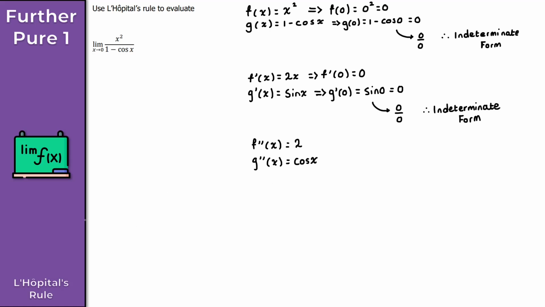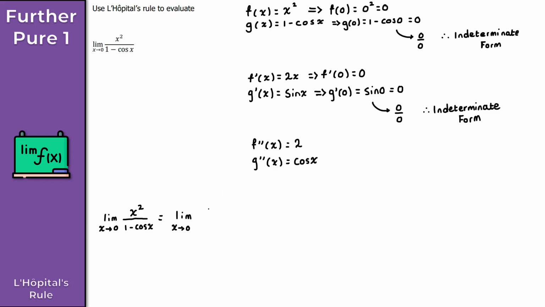So by L'Hopital's rule, the limit as x tends to 0 of the original quotient, x squared all over 1 minus cos x, is equal to the limit as x tends to 0 of f prime of x over g prime of x.